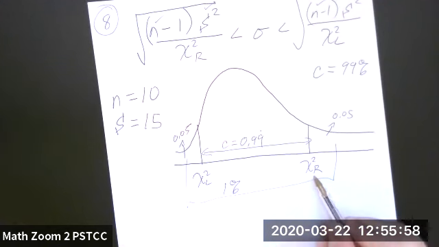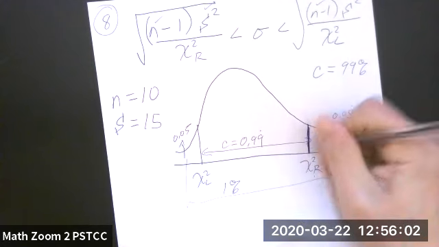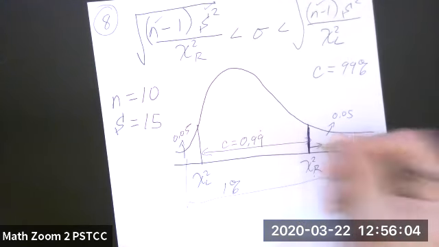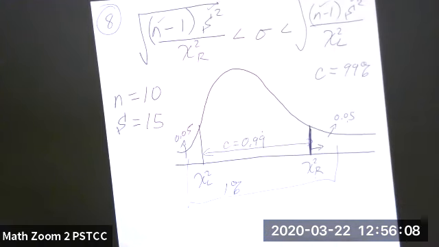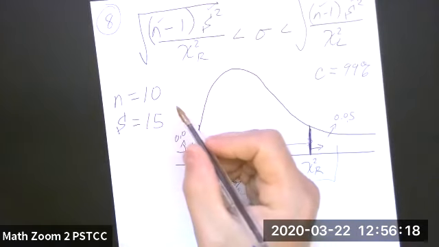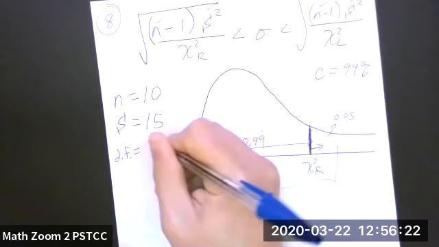Let's start at chi-squared right. We need the total area to the right, which in this case is 0.05. N is 10, therefore degrees of freedom are 9.